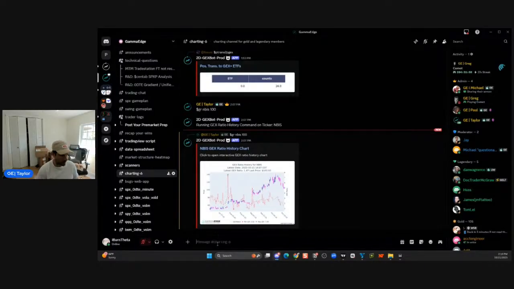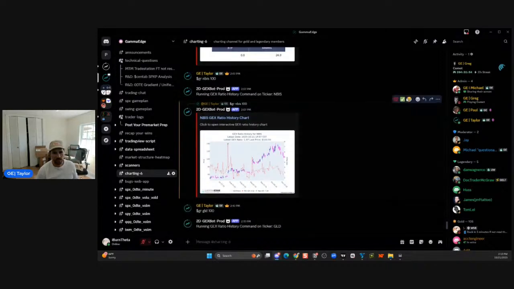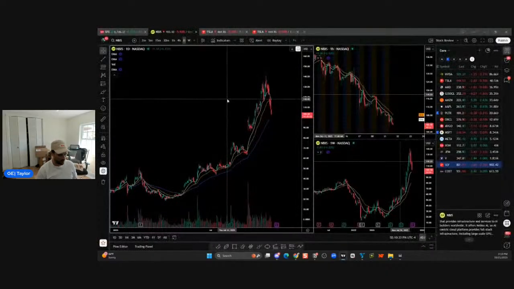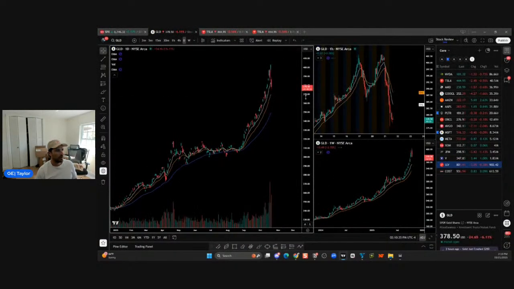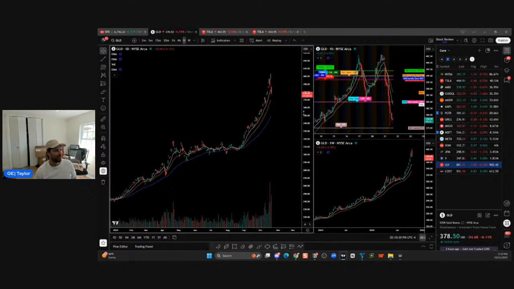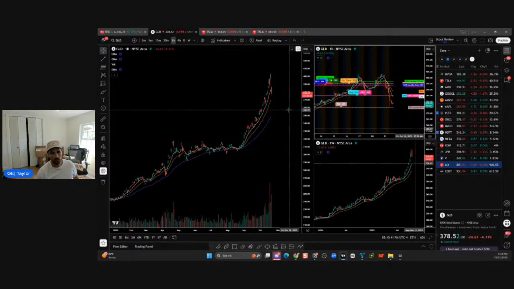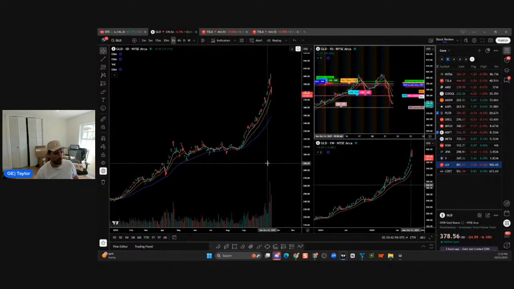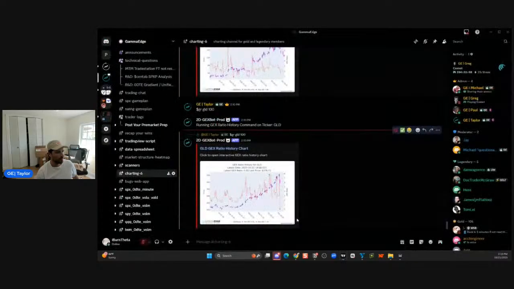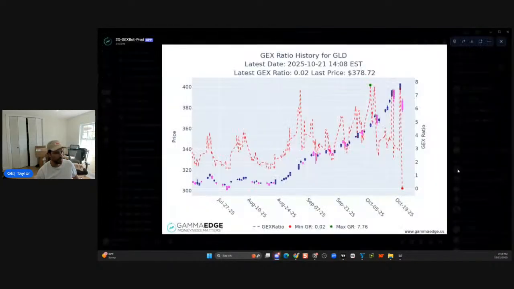Someone wanted to look at gold. I mean, gold's collapsed as well. So let's look at the GEX ratio there. Go here, GLD. I shouldn't say it's collapsing, but it's just stopping its parabolic move. GEX ratio. That's crazy.